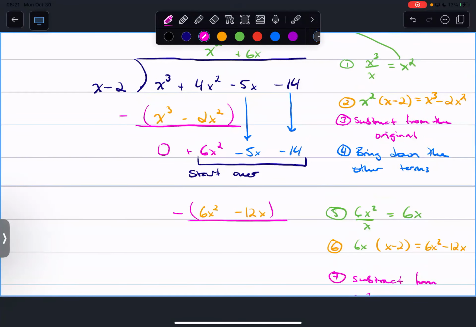Might look a little weird. But I get 6x squared minus 6x squared, so that's good. I'm at 0, right? Just a check-in point. And then I have to deal with negative 5x plus 12x, which is plus 7x.